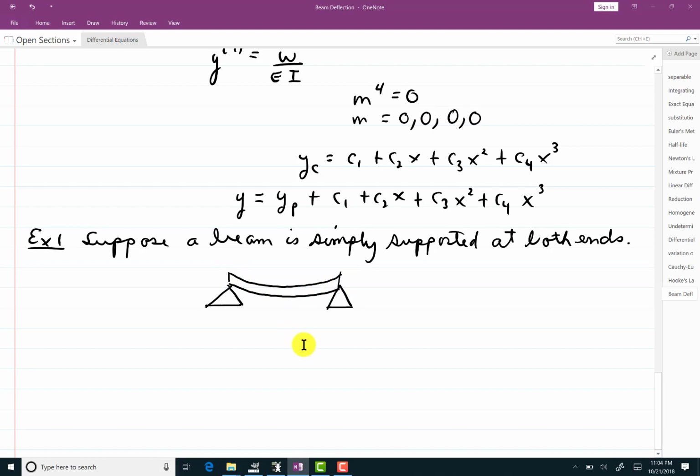What we have then, if we look at something like this, the initial position is at 0, 0, so y of 0 equals 0. And over here, remember, this starts at x equals 0 and ends at x equals L. At the end, we have y of L equals 0.